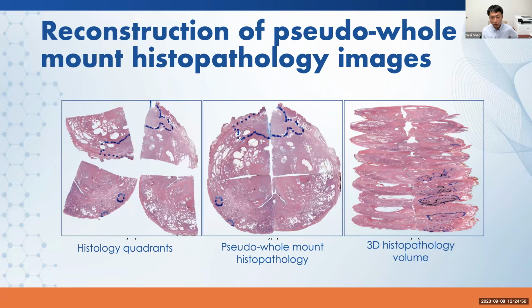If that looks good, we have the resulting reconstructed histopathology image. If that result doesn't look good, my student will manually do some minor adjustment to the prediction, and this is what he got. I would say, in my opinion, this is a very high quality pseudo-whole-mount histopathology image, and we do that for each patient. We do that for each section, and we result in a kind of 3D. It's not exact 3D, but a stack of histopathology images from the apex to the base of the prostate.